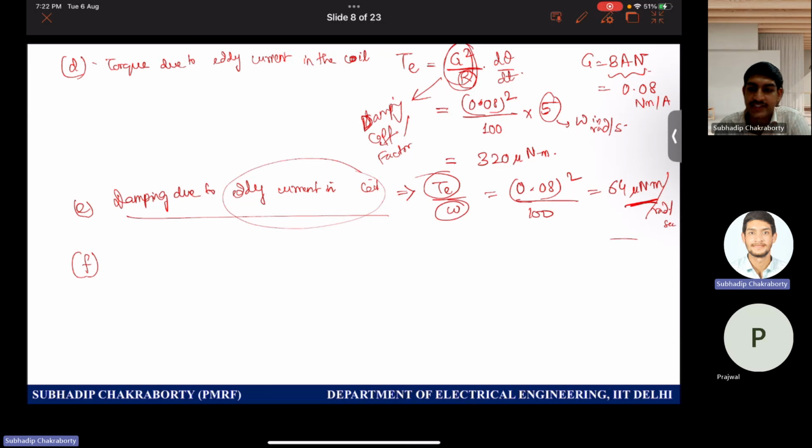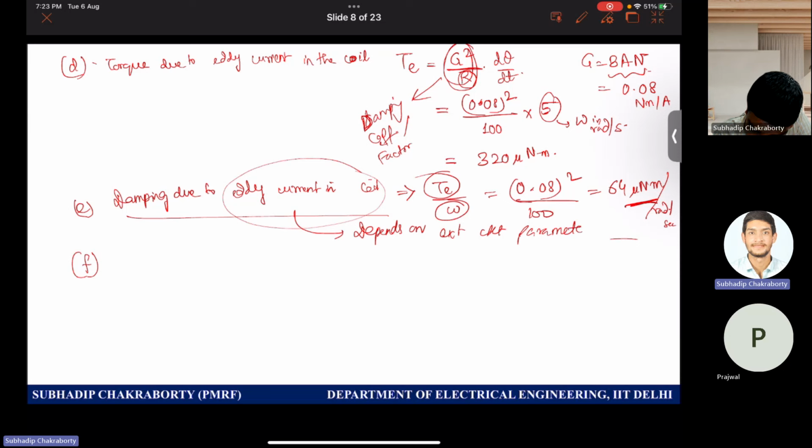So let us come to the next part, which is asking you to calculate the damping. One thing you should first note is that we have calculated the damping due to eddy current in the coil, and it depends on the external circuit parameter.